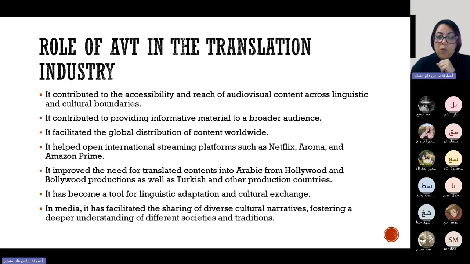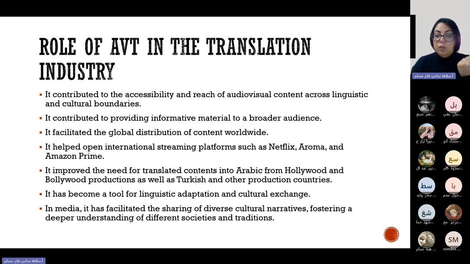It helps open international streaming platforms, exactly. Since AVT became big and facilitated global distribution, it opened the door to many streaming platforms to upload these movies and TV series, like Netflix.